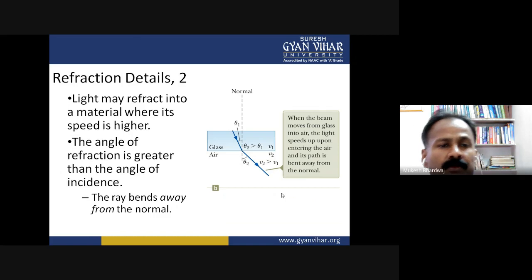So light may refract into a material where its speed is higher. The angle of refraction is greater than the angle of incidence. A ray bends away from the normal.